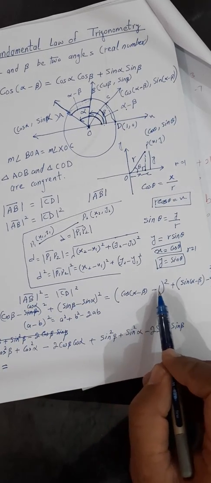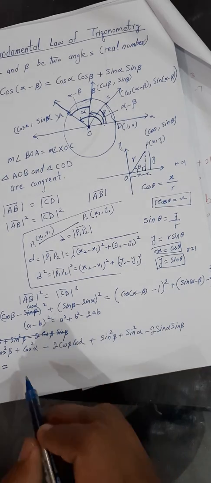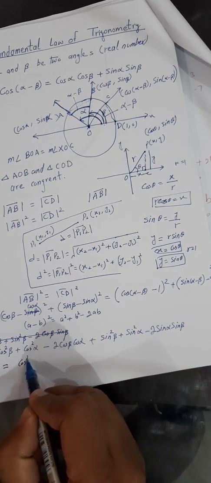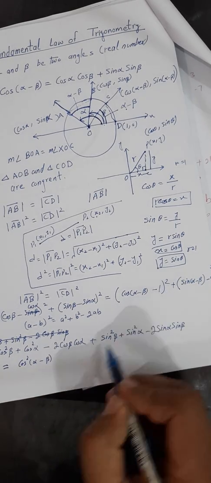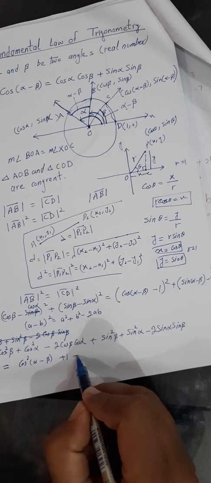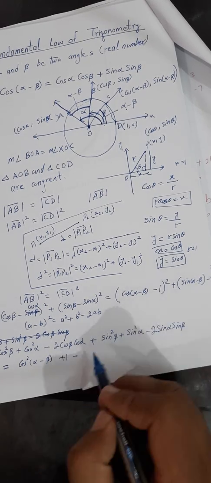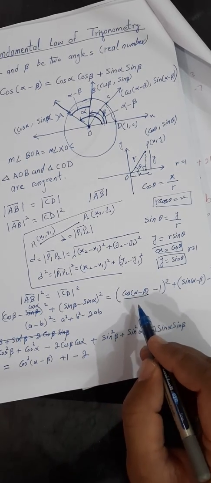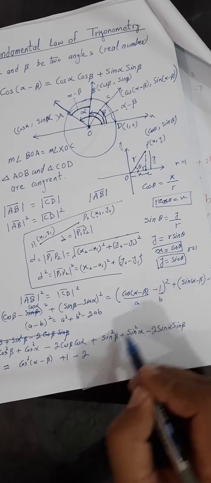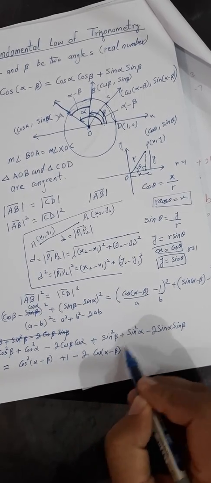Now this is equal to (cos(alpha minus beta) minus 1) whole square. Using a square plus b square minus 2ab, that is cos square(alpha minus beta), plus 1 square, minus 2ab. What is a here? cos(alpha minus beta) is a and 1 is b, so minus 2 cos(alpha minus beta) into 1.